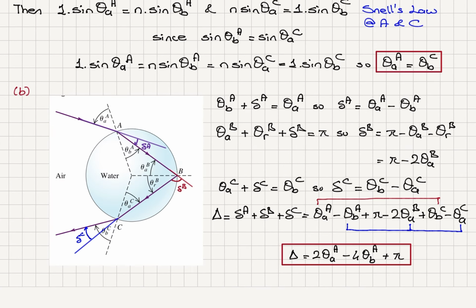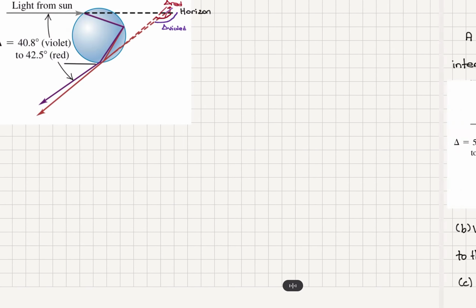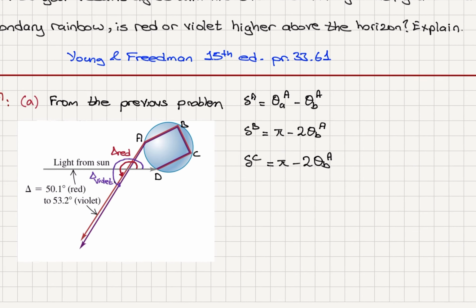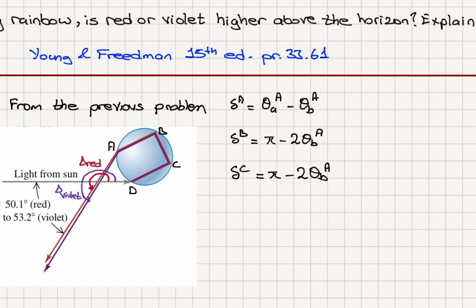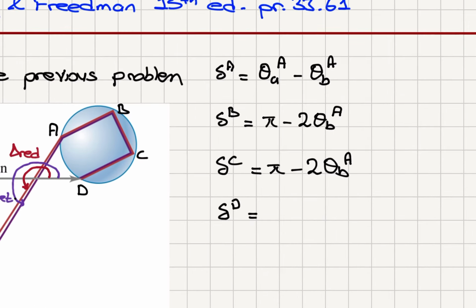So therefore, we have the same answer at point C. And at point D, when it comes out, the angular deflection is the angle of incidence at point A minus the angle of refraction at point A.